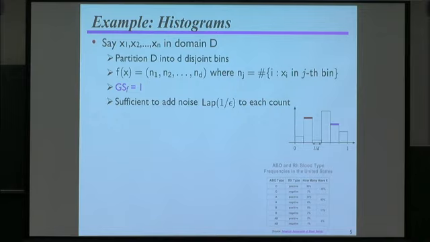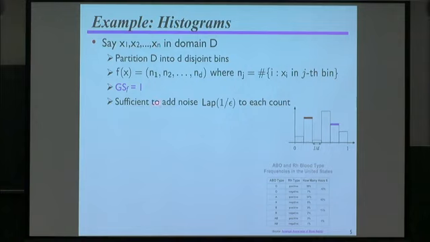That would correspond to a decomposition into a bunch of disjoint bins. The function I'd be interested in releasing is just the number of people who fall into each of these bins, so I've got a vector of counts, and n sub j is the number of people who fall into the jth bin.